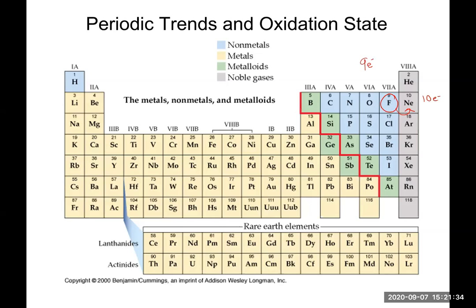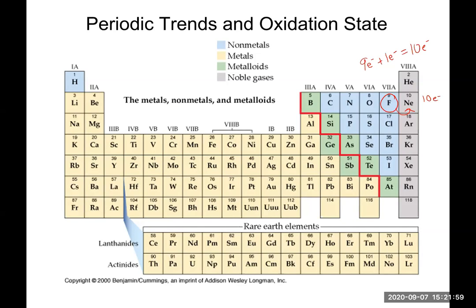So for fluorine to get the electron configuration of neon, it would have to gain 1 electron and then would have 10 electrons. When fluorine becomes reactive, it's seeking another species to react with that has 1 electron to hand over to it.